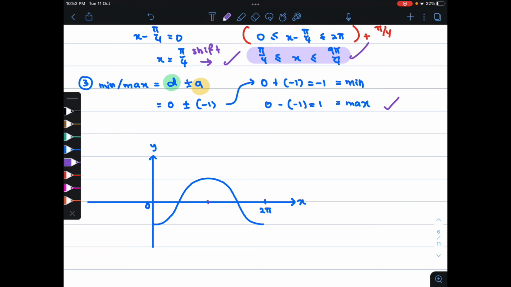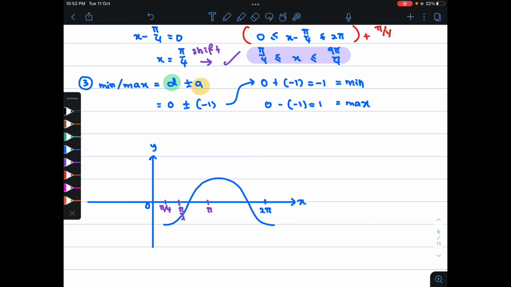Therefore, the middle point here should be pi, and this is pi over 2, and therefore this is pi over 4. And since we need to shift our graph to the right pi over 4 units, say that I'm moving this point right here, I'm going to move it to the right, like so.